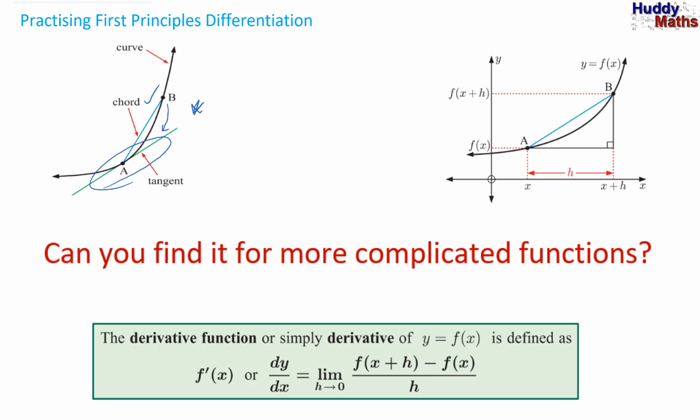Anyway, come over to the right now, to this graph here, and this is the basis of our process of achieving the slope of that tangent. You can see here that if you have point B, its y value will be f of x plus h, its x value will be x plus h, and here's the point of interest, the point A, which has x value x and function value f of x.